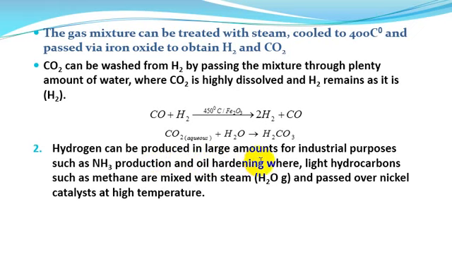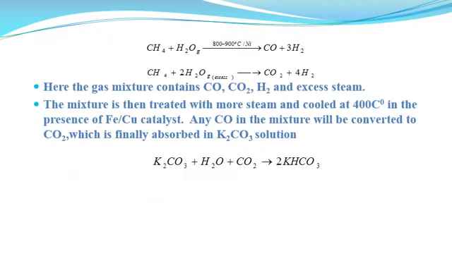Light hydrocarbons such as methane can be mixed with steam and passed over a nickel catalyst at high temperature. Here also you can observe that we obtain the water gas mixture, carbon monoxide and hydrogen.